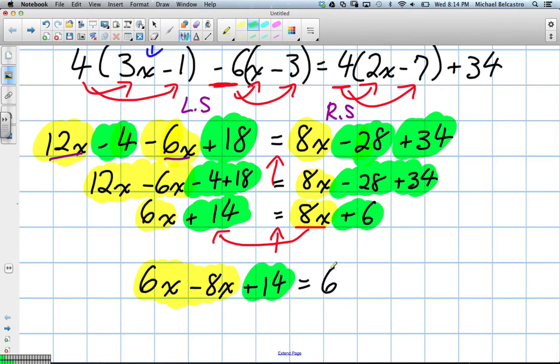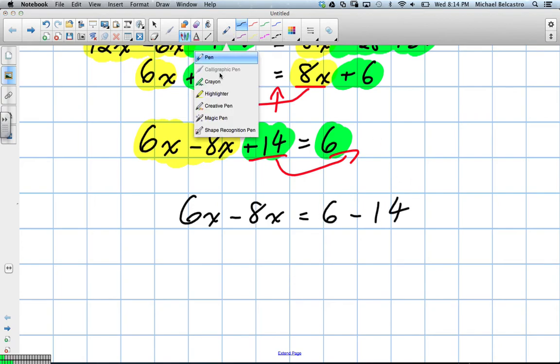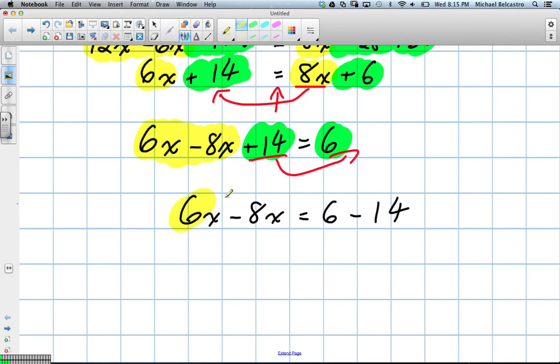But my 14 and 6 are still on opposite sides. Minus 14. That's right, we want to bring 14 over, it will become negative. So now we have 6x minus 8x is equal to 6 minus 14. Here are like terms on one side of the equation, all of them, and all of them on the other.